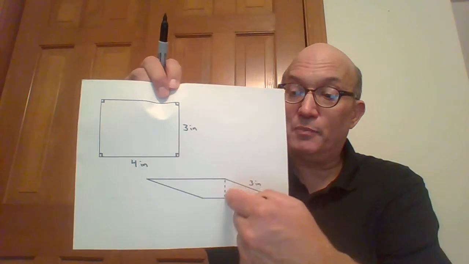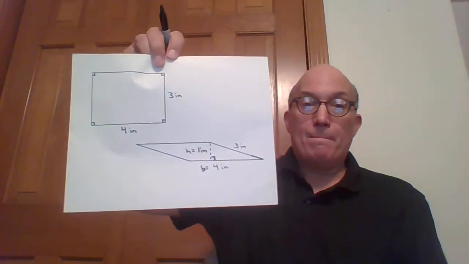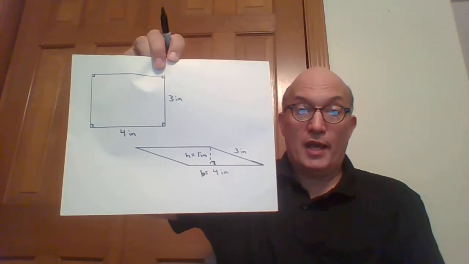It's the distance between this base here and the opposite side. Let me label the 4 inches now the base. And this dashed line that I just constructed is the height. And it happens to be, I constructed this parallelogram this way on purpose, just 1 inch.